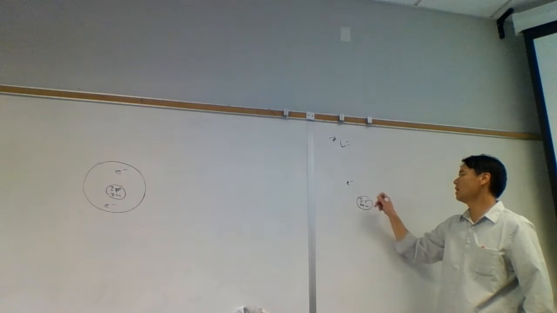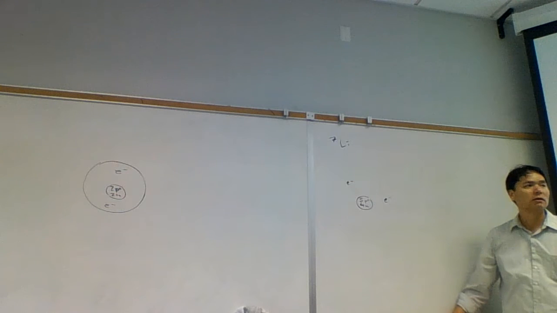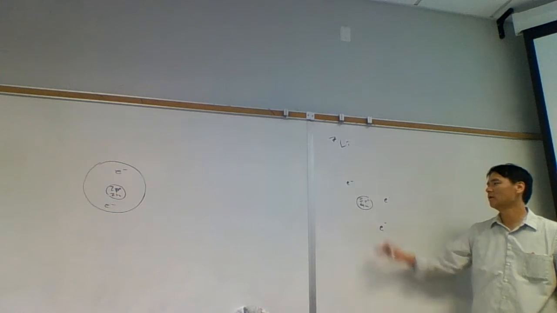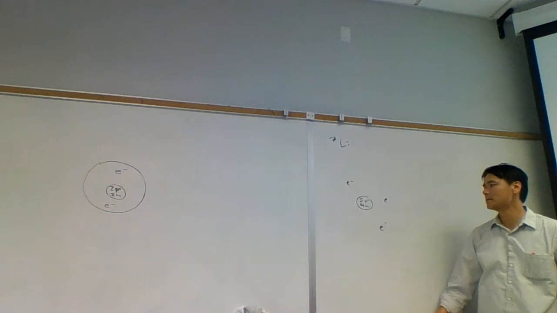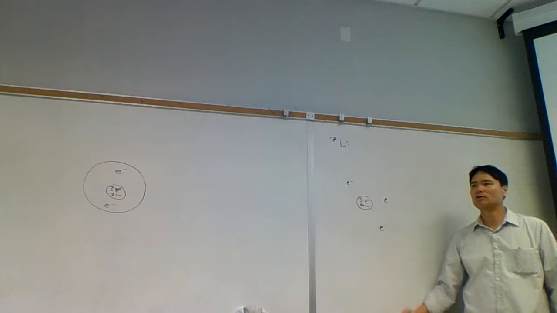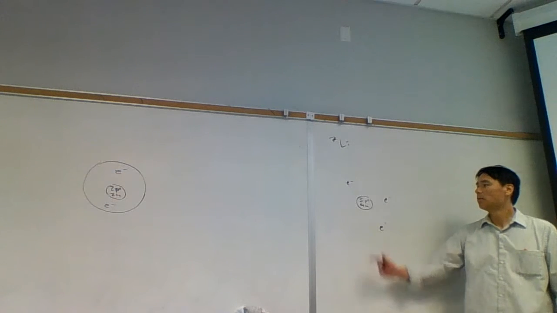Each of those electrons tries to stay away from the others, right? And so if the electrons are trying to stay away from the others, then they'll be spread out in this empty space. But now, think about Coulomb's law. We have plus 3.